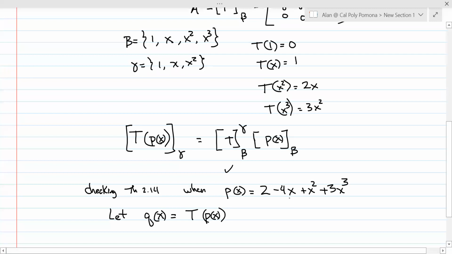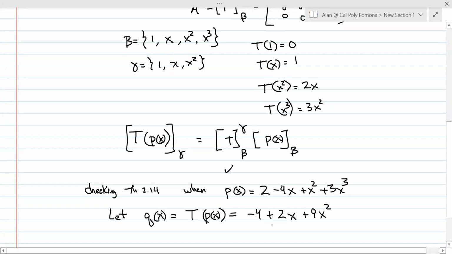Well, what does T do? T differentiates this. So what you would get would be the derivative of 2, which is 0. The derivative of this would be minus 4. The derivative of this would be 2x. And the derivative of this would just be 9x squared. So this is what T of p of x is.